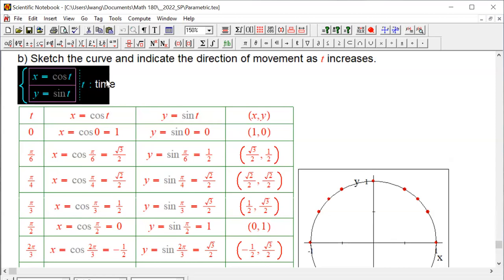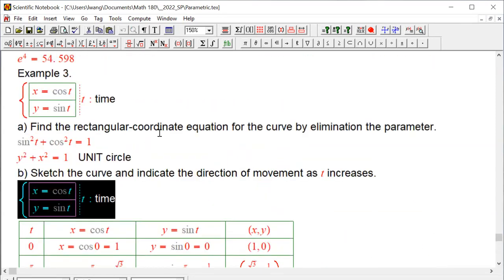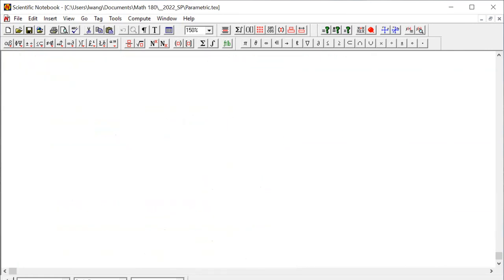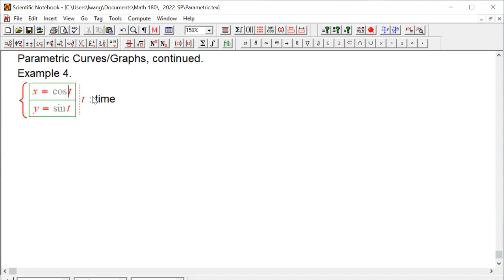This second example, I will call example number 4. Example number 4 is almost the same as the one in example 3. The only difference is I have 2 times t.